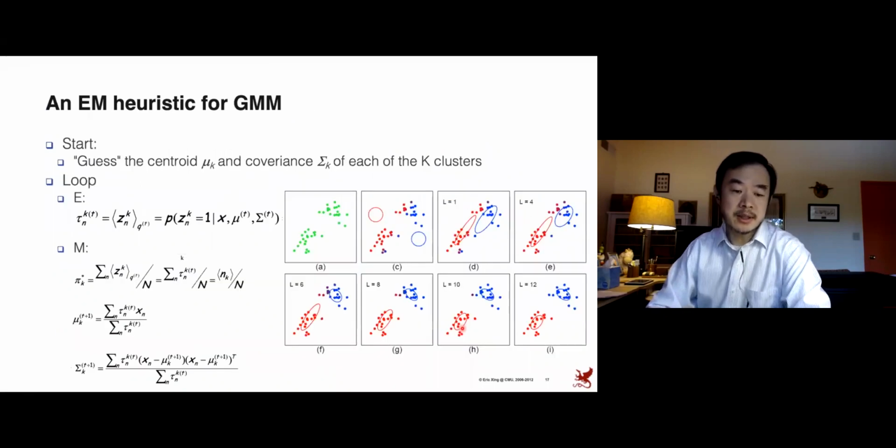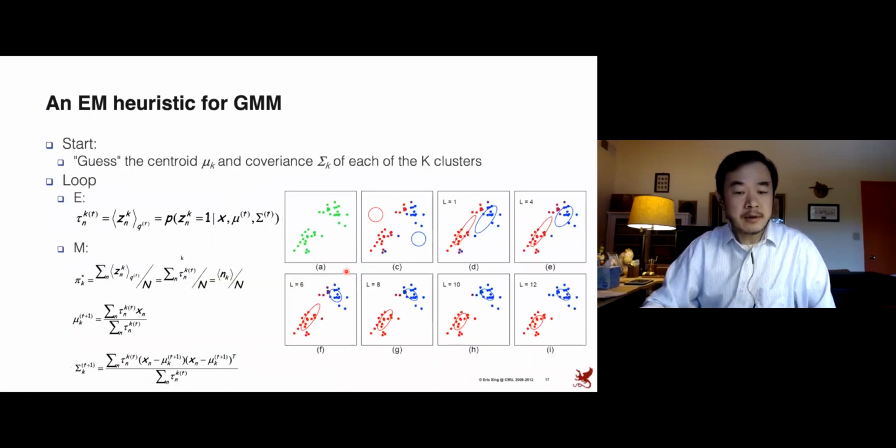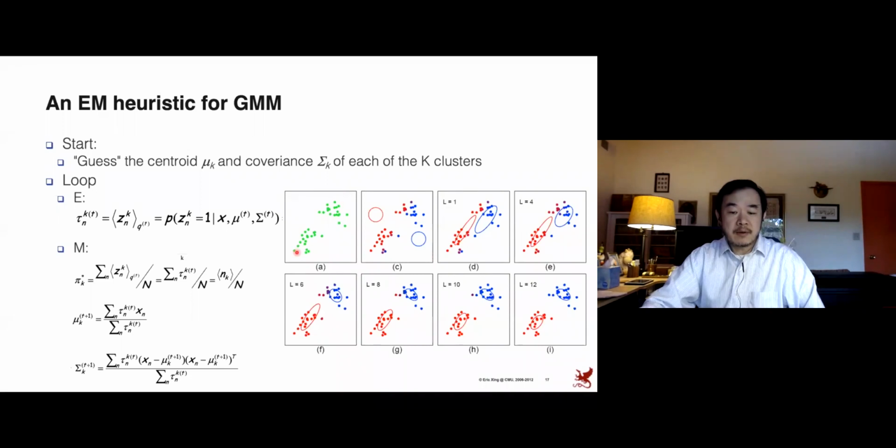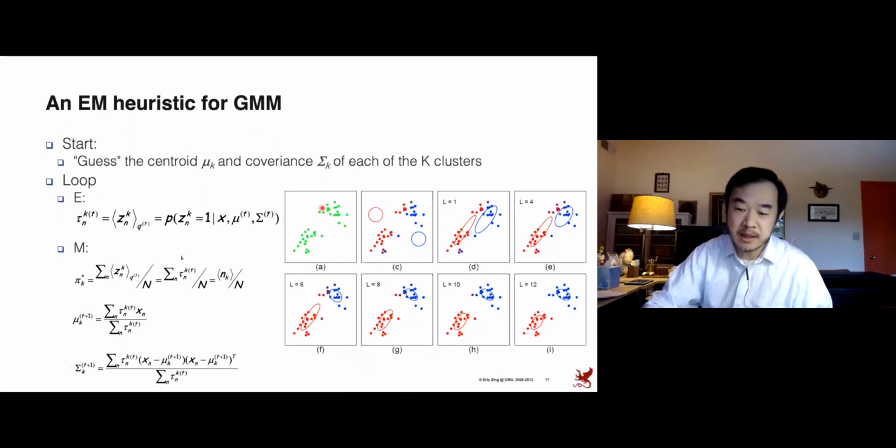So let's see how it goes in practice. So here is an EM algorithm, both in equation and also in graphics. You start from here, which is an uncolored set of points. Of course, we have the same issue in k-means. You need to start with a guess of the k. How many clusters? We are going to guess it to be 2. Okay, and then something that you are probably familiar with will be happening.